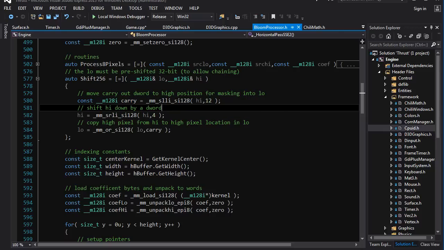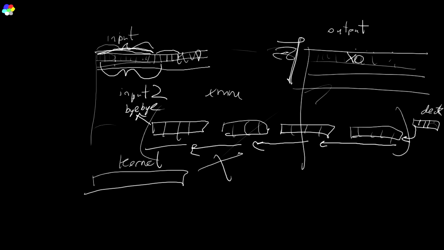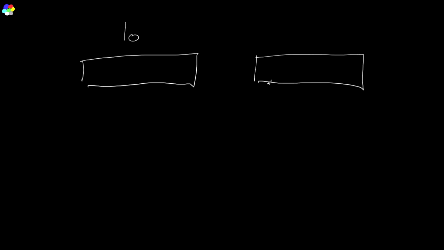so let's say we've got, make another image here. So we've got 2 registers. The way I'm ordering them is I'm ordering them the way that they would appear on the screen.